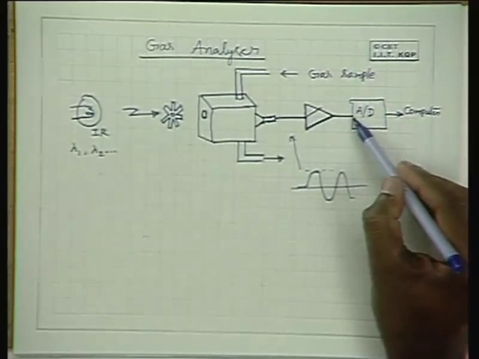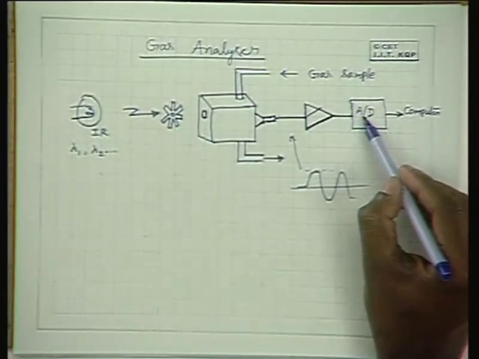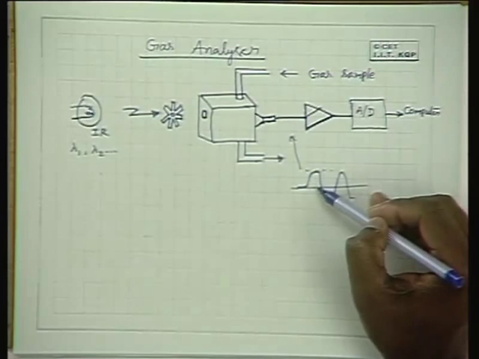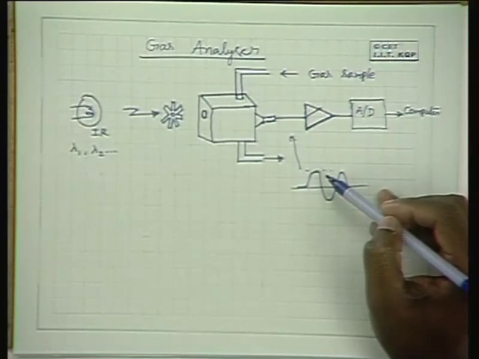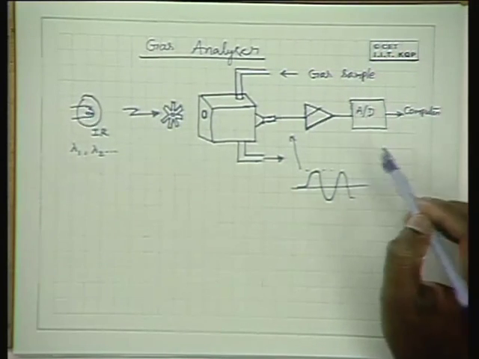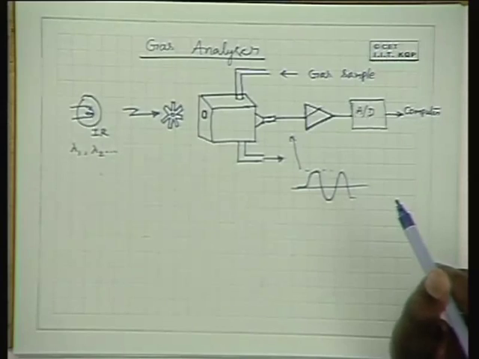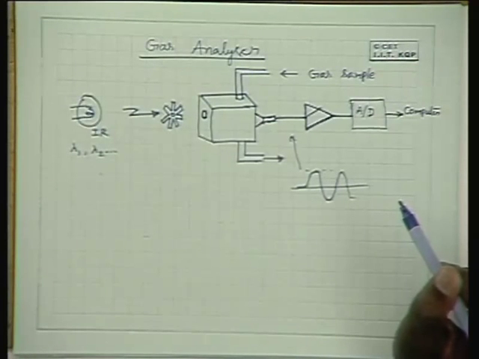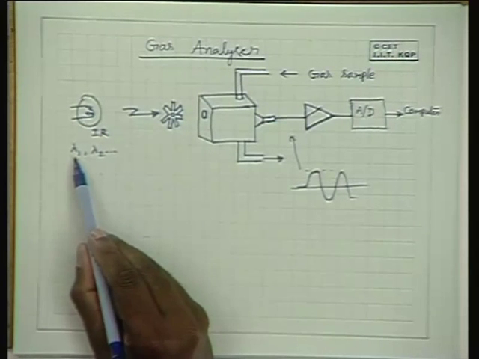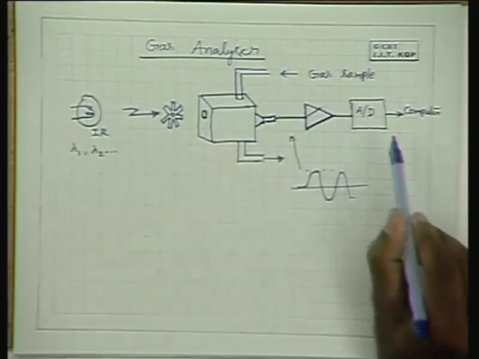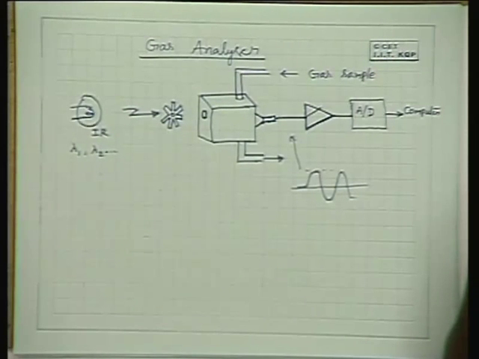Now, after amplification, what we do here is convert this amplitude into a digital form. It is converted into an equivalent number, and that number is fed into a computer, right. Then for each one of these excitations, find the corresponding amplitude number.